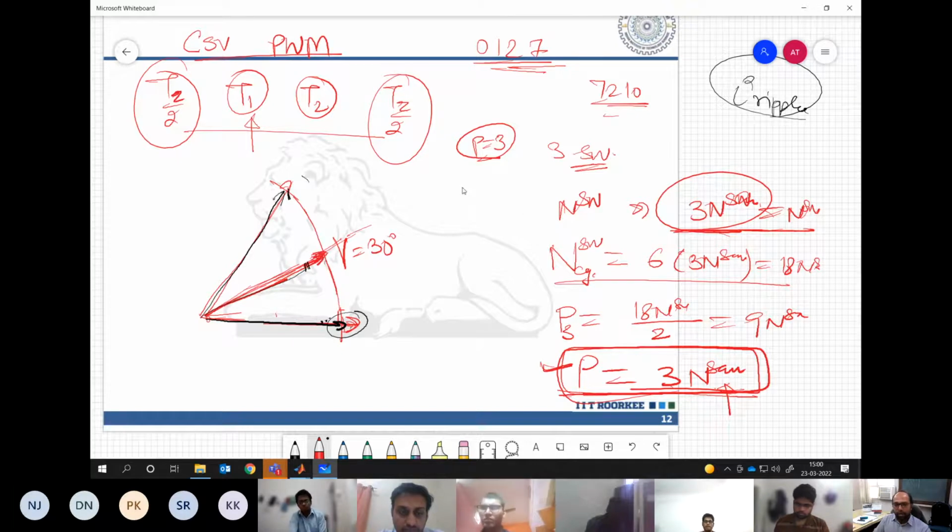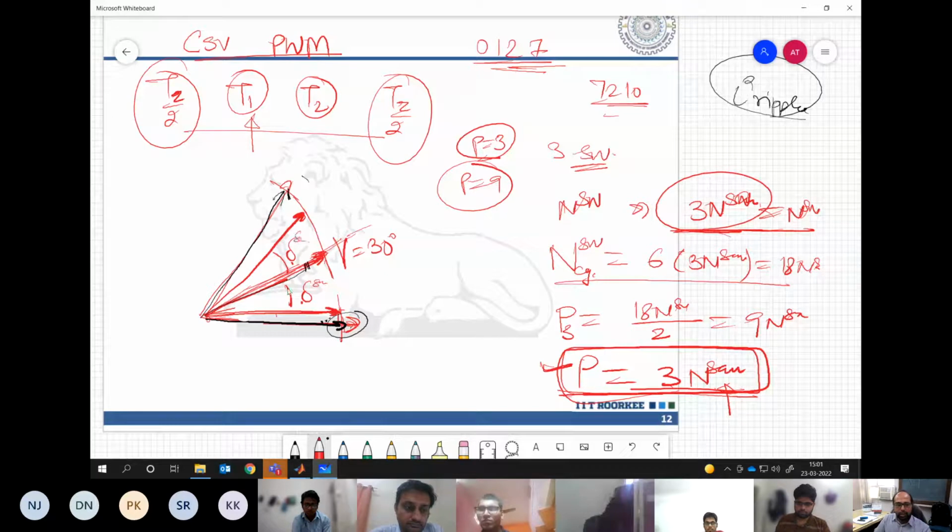Now if we have pulse number 9, we need to have 3 samples in a sector. Apart from keeping one sample in the middle, the other 2 can be kept symmetrically around that. The gap between two samples is your sampling angle, which let me name delta, that is better for differentiating between the two.